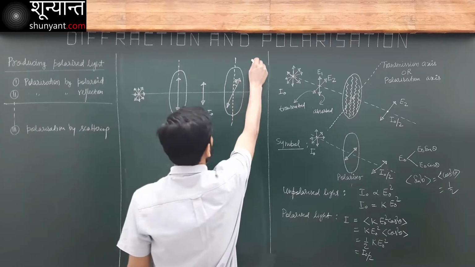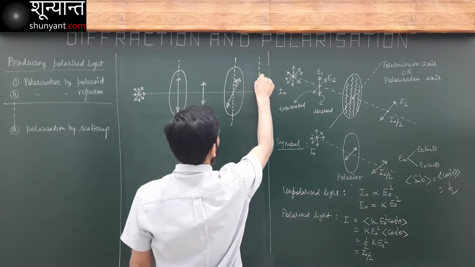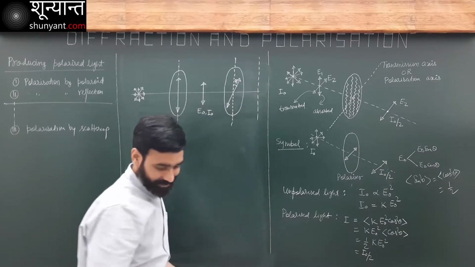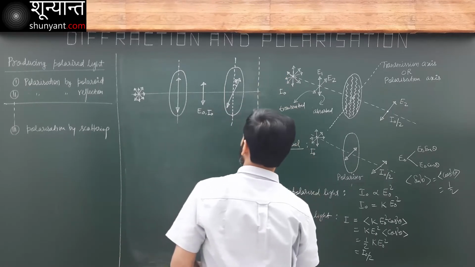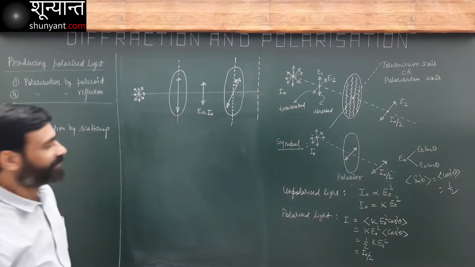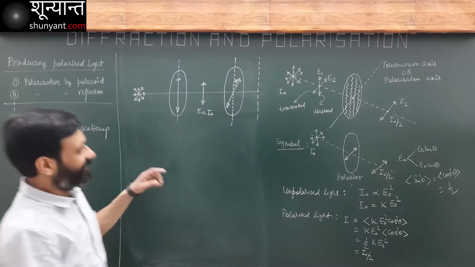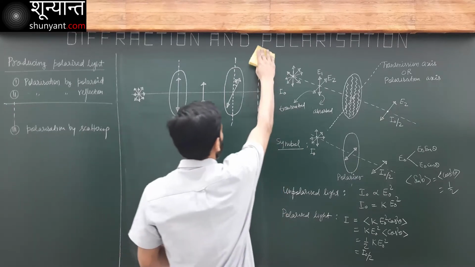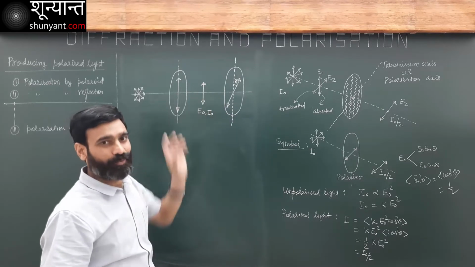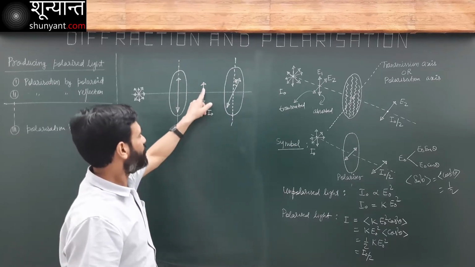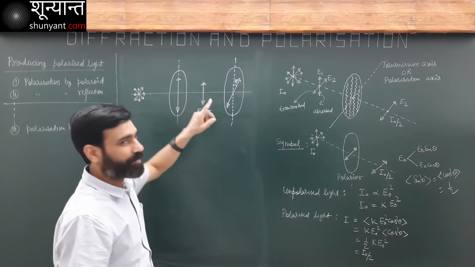Then what will happen? Very interesting things happen. Can you think what is going to happen here? Now, this field E naught is going to have two components.